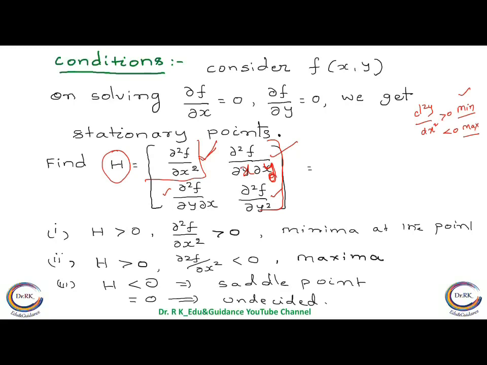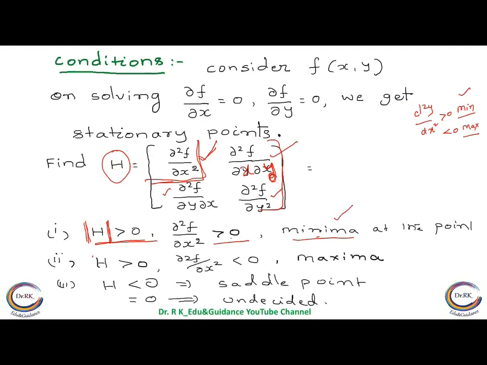If both principal determinants are greater than 0, that is, the determinant of H is greater than 0, and this principal determinant ∂²f/∂x² is also greater than 0, then it is a minimum at that point.